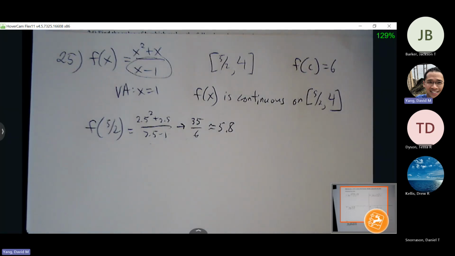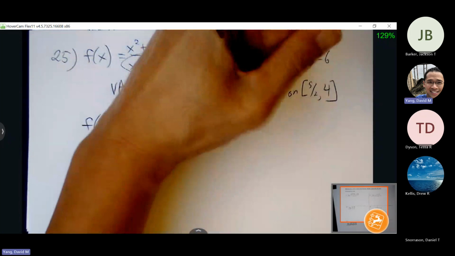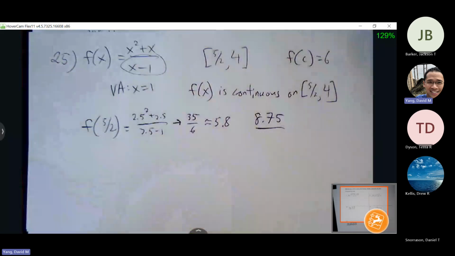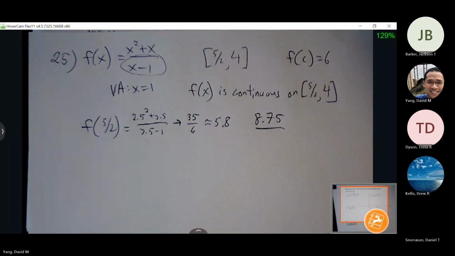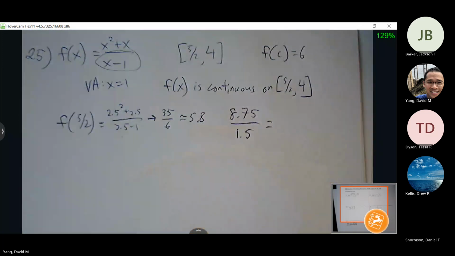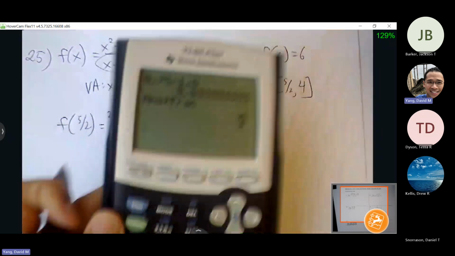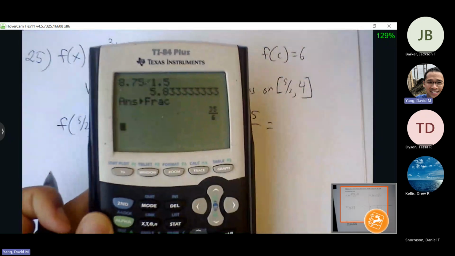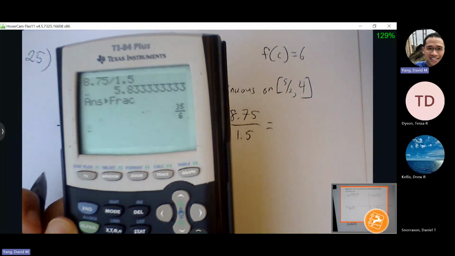So let me show you what the calculator shows me. Sorry, I'm skipping some steps here. It's 8.75 over 1.5. 8.75 divided by 1.5 gives us 5.83. And if I convert that into a fraction, it's 35 over 6.